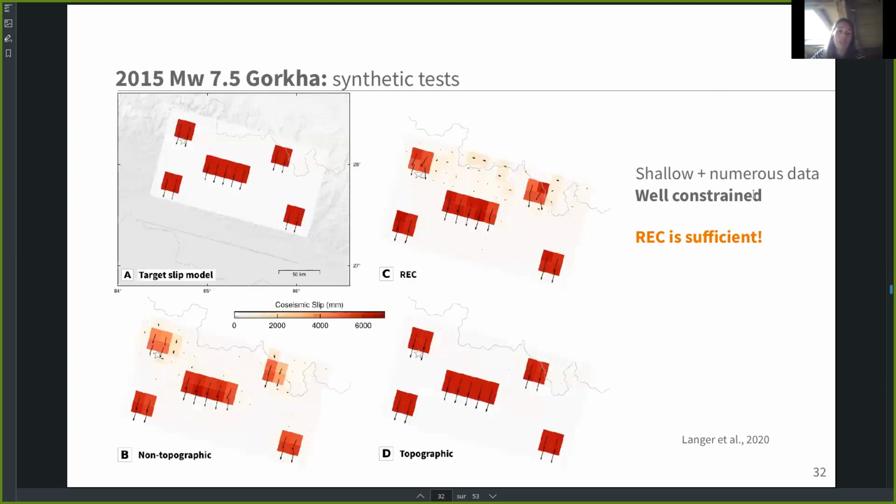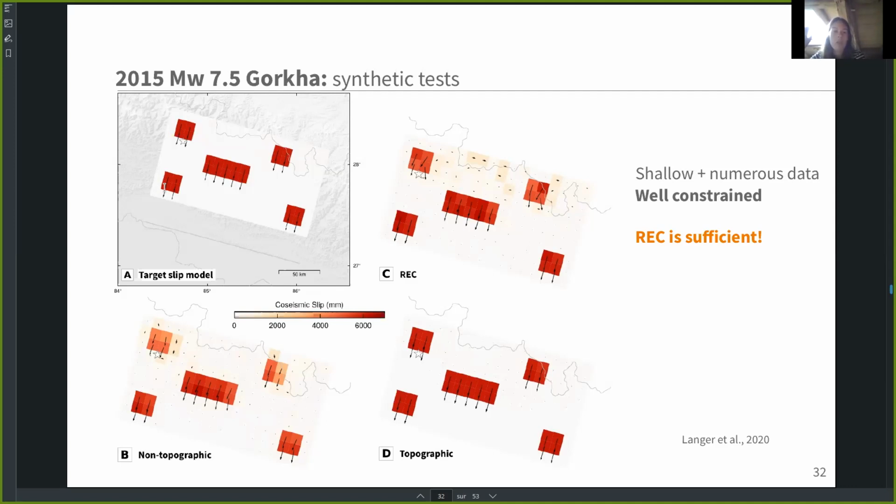So what we started to do was to perform some synthetic tests. The idea is to define a target slip model and calculate the displacement that is provoked at the surface by this slip model. We calculate the displacement at the surface accounting for topography.